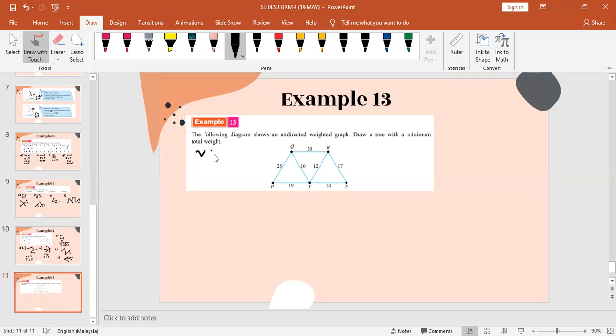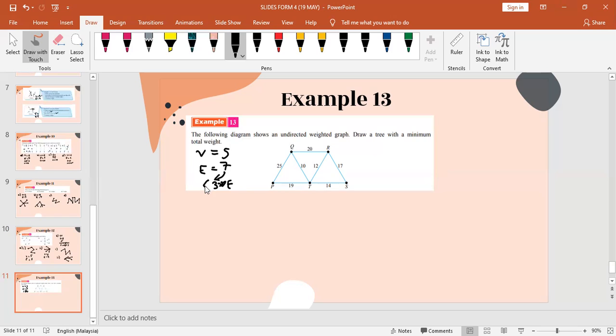Okay, so vertices dia ada 5, edges dia ada 7. So patutnya edges ni akan ada 4. So kita kena kurangkan 3 edges. We have to reduce 3 edges.